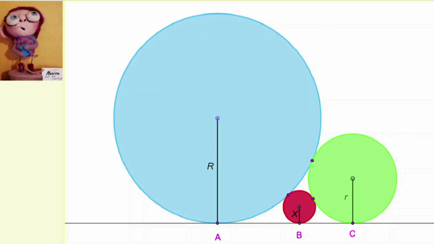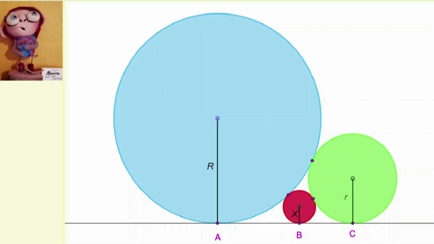Segment AC is made up of two parts: AB between the blue and red circles, and BC between the green and red circles. We already know that the length of the external tangent between circles with radii R and x, where x is what we're solving for, is 2 times the square root of Rx.